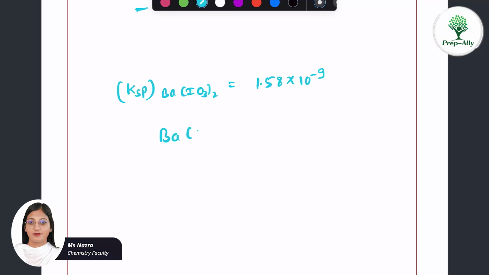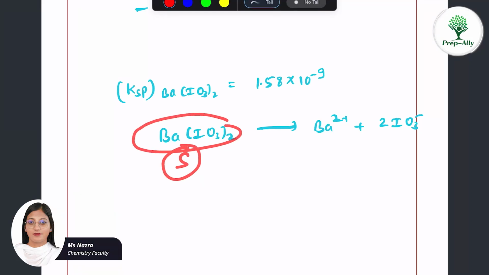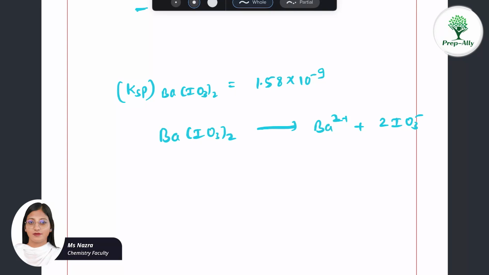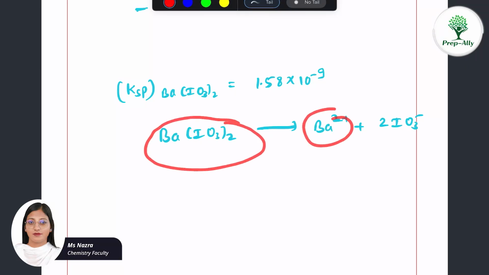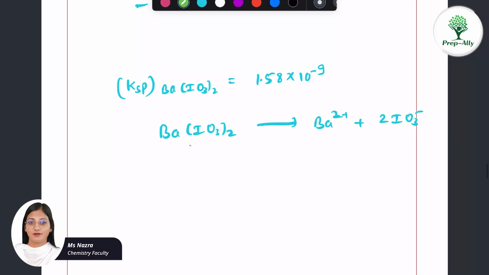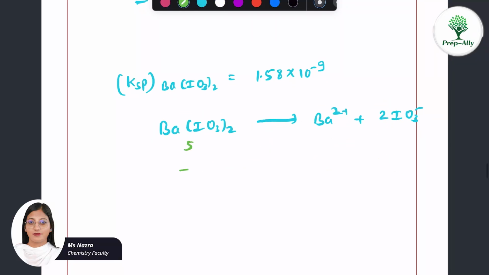Barium iodide will give you barium 2 plus and 2 iodide ions. Let's suppose the solubility of barium iodide is S. When it decomposes, it will give you S of barium 2 plus and 2S of iodide, right?